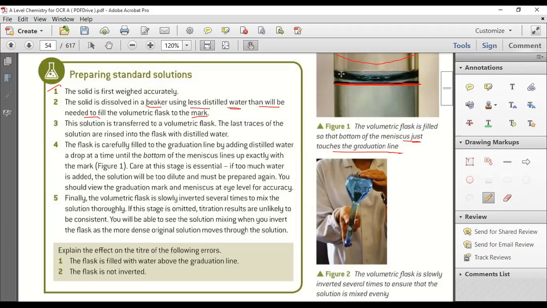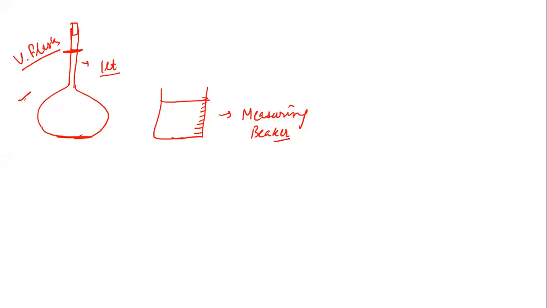Suppose this is your volumetric flask. We take a small amount of water in it, add that salt and try to dissolve it.